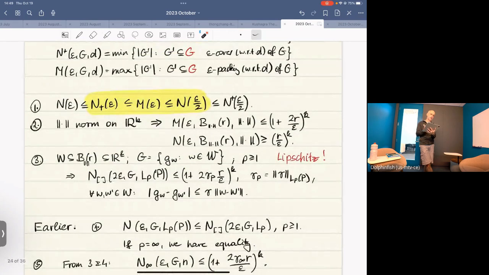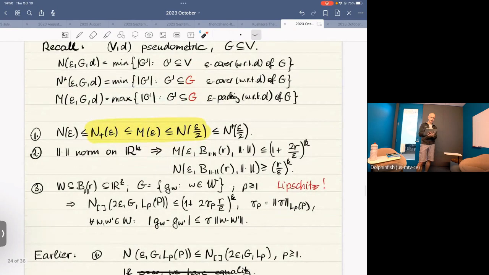The basic relationship was that covering numbers are upper bounded by packing numbers, which are upper bounded by covering numbers at half the scale. And of course, the two covering numbers are sandwiched between each other. The inside covering number, because it adds an extra restriction to the sets considered, is going to be a larger number in general. So the first result was just the sandwiching between packing and covering.